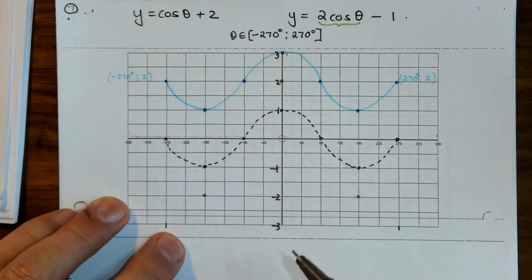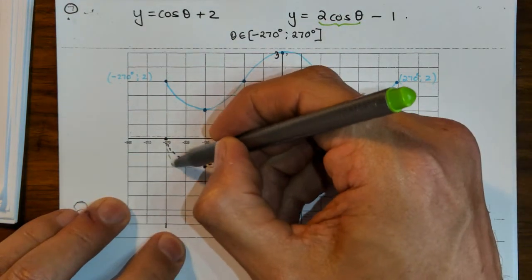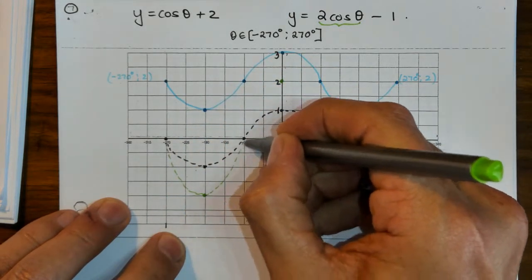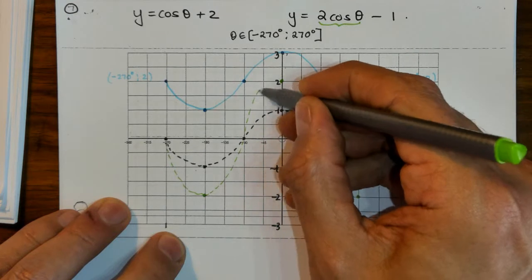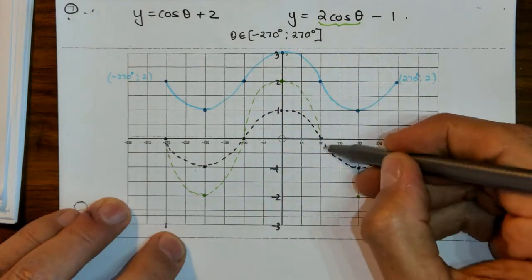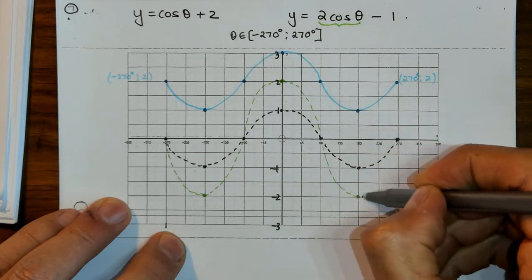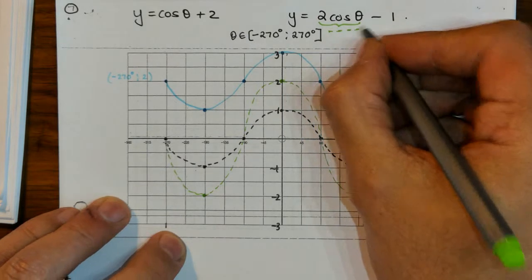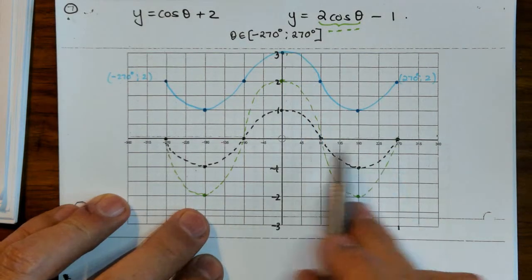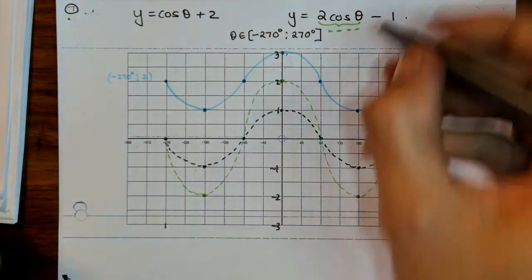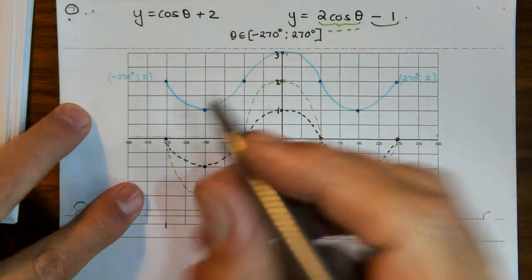If I were to just draw this one, you never have to always draw this. It's just for you to see how these curves are transforming. So the dotted green line that I'm drawing in now is the transformed curve, the 2 cos theta, all the y values doubled. Now the final graph is going to be where I subtract 1 from each of those points.